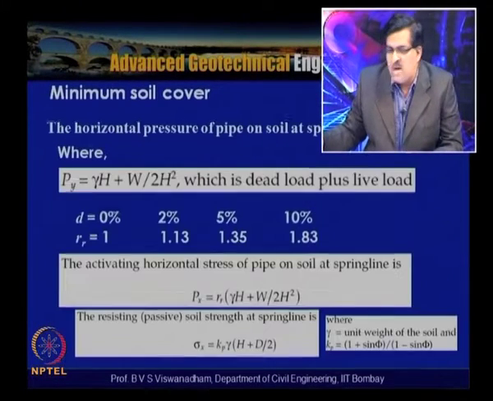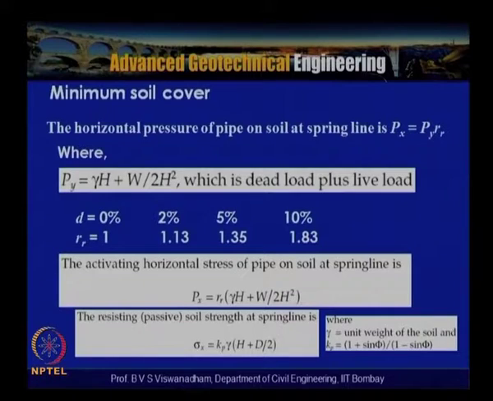Now, in order to calculate the minimum soil cover, the horizontal pressure of the pipe on soil at spring line, that is at mid height, is Px is equal to Rr times Py, where Py is equal to gamma h plus W by 2h square, that is due to dead load plus live load.